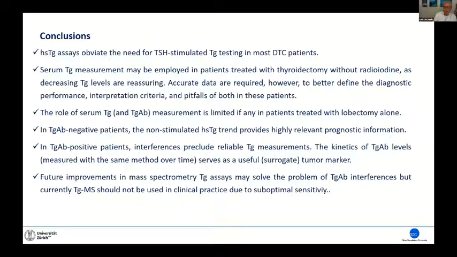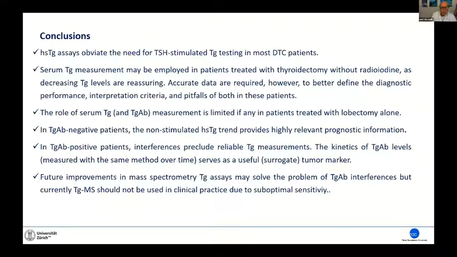We need more data, however, to better define the performance interpretation criteria in these patients. The role of serum TG and thyroglobulin antibodies measurement is limited, or probably null, in patients treated with lobectomy alone. In thyroglobulin negative patients, the non-stimulated thyroglobulin trend provides highly relevant prognostic information.